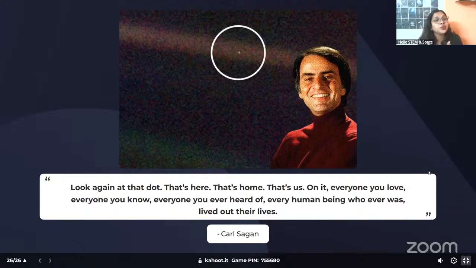So we have to protect our planet. We have to know that it's a small one, but for us, Earth is very important, and we have to protect whatever we know. All the people, history, everything we know is inside this pale blue dot.